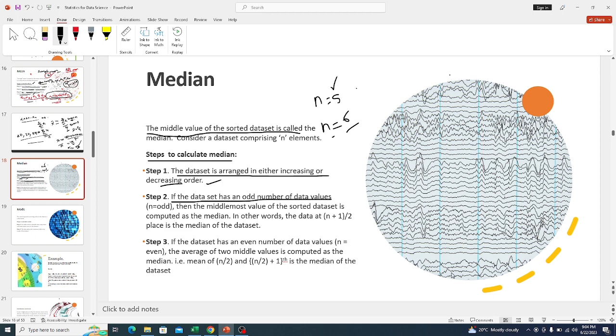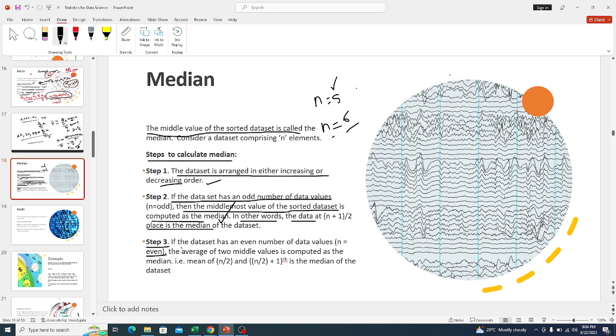If n is even, then you take the two middle values, add them and divide by 2. So if the data set has an odd number of data values, n is odd, then the middlemost value of the sorted data is computed as the data at n plus 1 divided by 2.